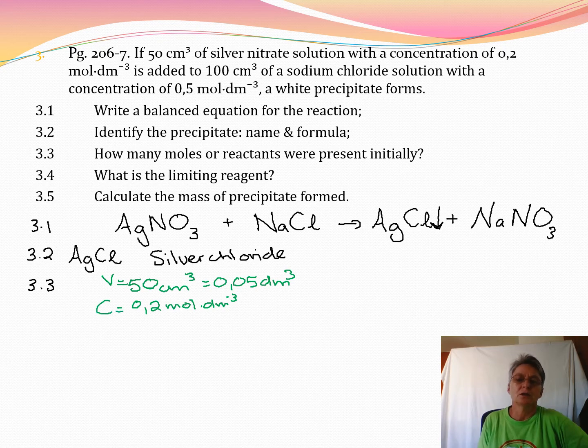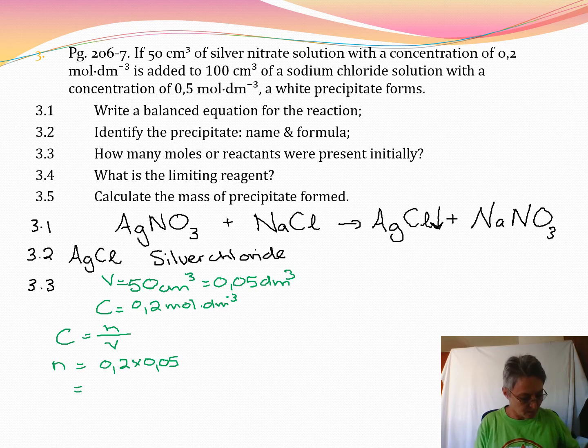Concentration is mole divided by volume. So the moles would be 0.2 times 0.05, which is 0.01 mole.